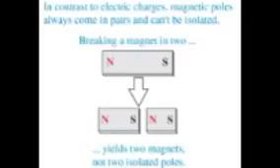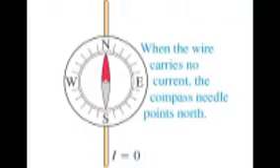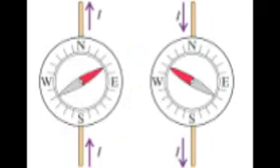A few years later, Michael Faraday in England and Joseph Henry in the United States discovered that moving a magnet near a conducting loop can cause a current in the loop. In Ørsted's experiment, a compass is placed directly over a horizontal wire. When the compass is placed directly under the wire, the compass deflection is reversed.